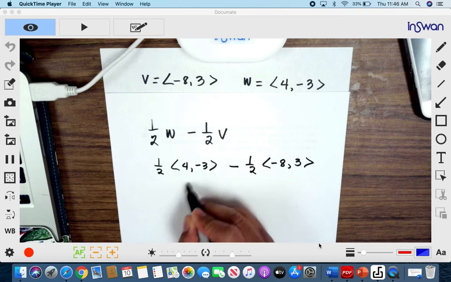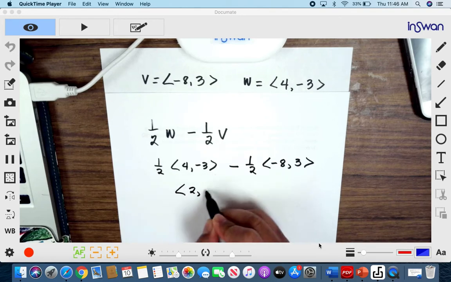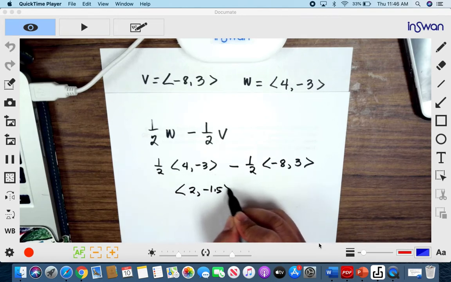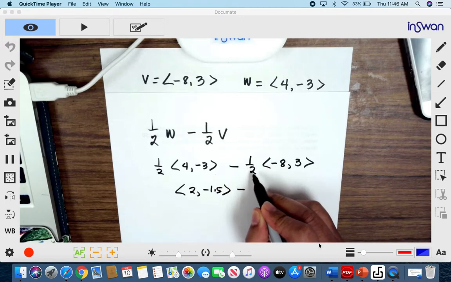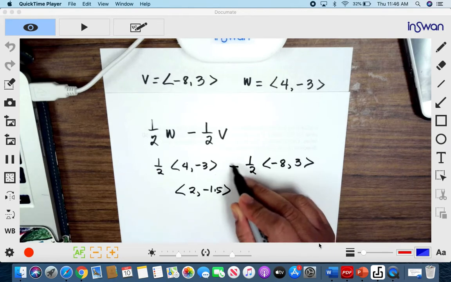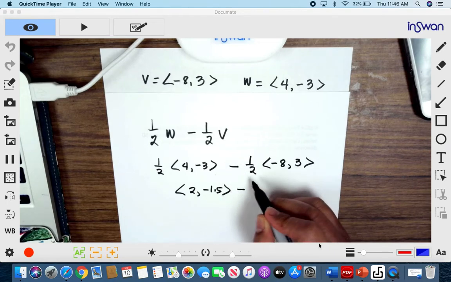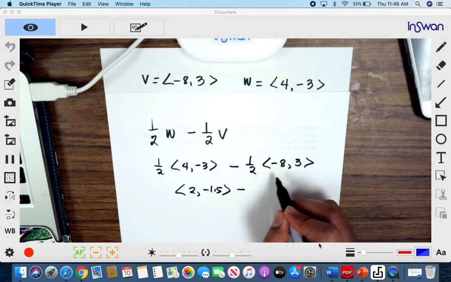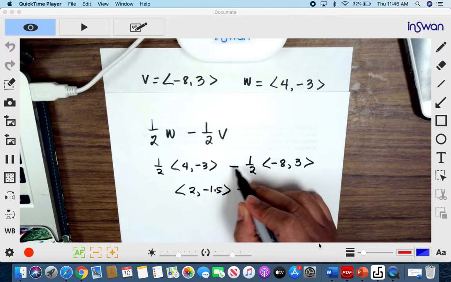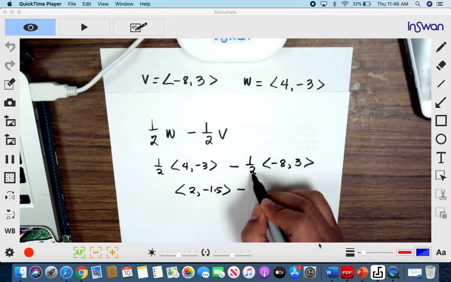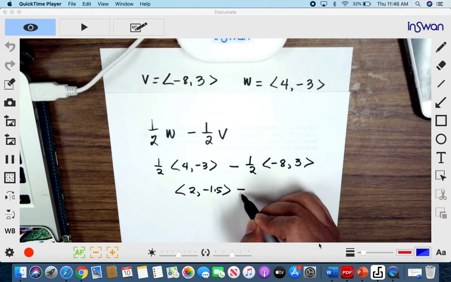So half of each of these will be 2 and -1.5. Now I would like to maintain the operation minus, so I'm going to distribute a positive 1/2. It's better to keep it that way, keeping the operation, for us not to be confused. Because otherwise, say for example, you're using negative 1/2 instead of positive 1/2, you would need to make this a plus.